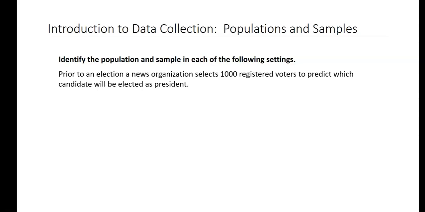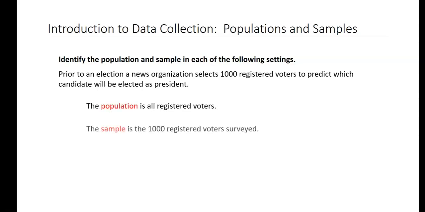So I think the population would be all U.S. adults, citizens who are eligible to vote, I guess. And then the sample would be the 1,000 registered voters that were selected. They just said all registered voters. I said adults because kids can't vote.